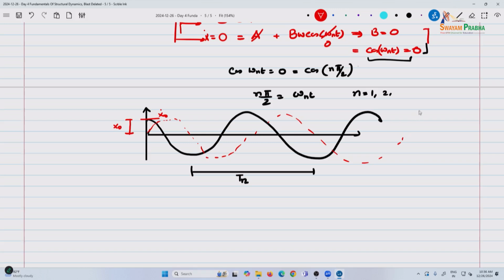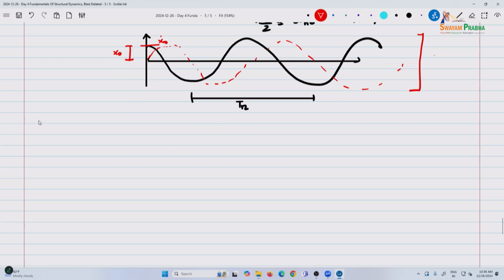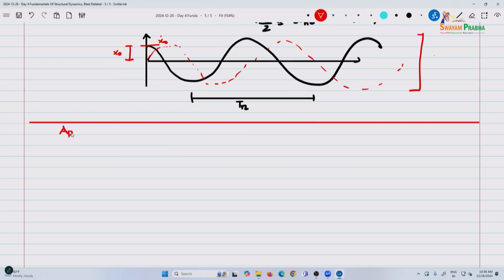Now, this is just to start with, to signify what Tn is and what a free vibration problem is. But when we go to blast, we take the same thing, again no damping, and we'll spend some time on this.